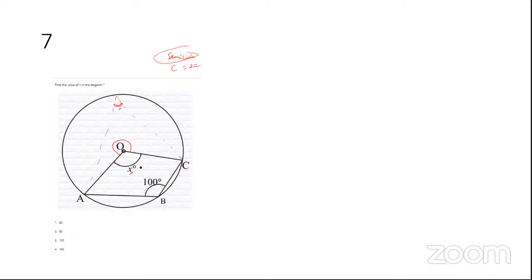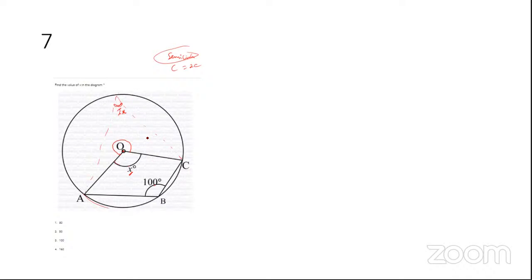Exactly. It's just that we call this one a major segment. That's why the angle is large. This one is minor. The one for this arc is a minor arc. It produces x at the center and it's going to produce 2x at the circumference.